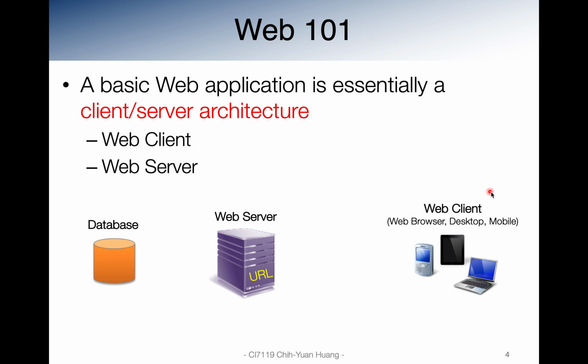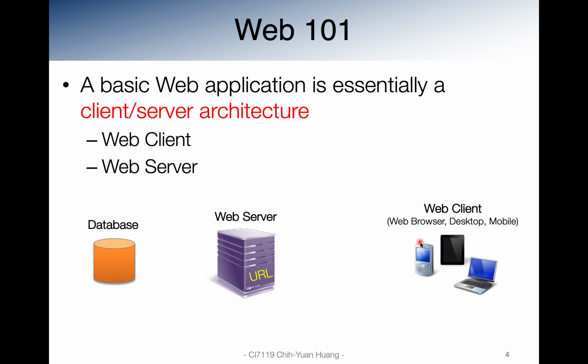And then the other one is the web client, where the user is located. The users can use different types of devices and different media to communicate with the web server.